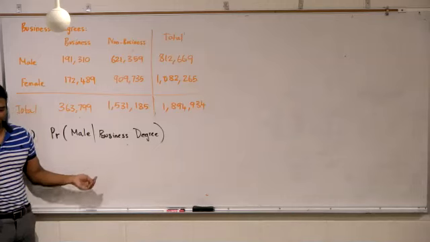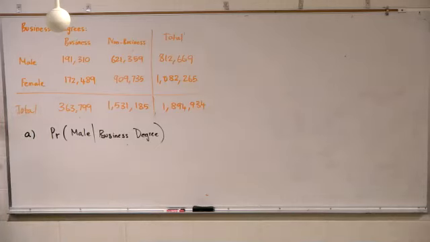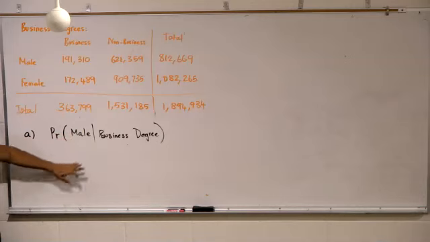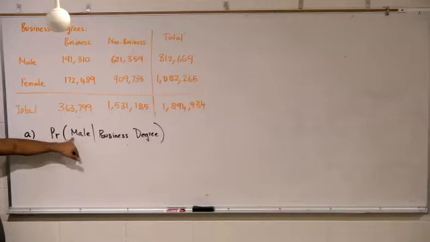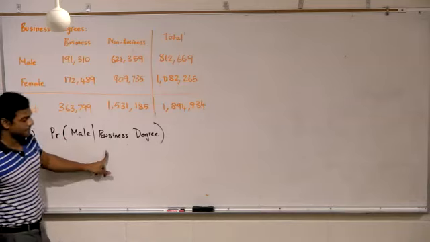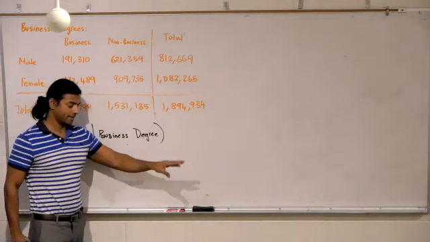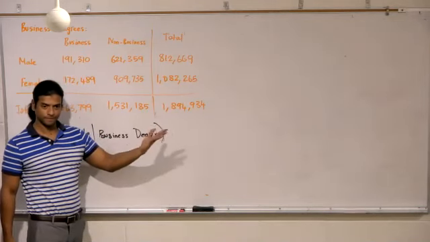That's where the probability comes from. Here we're just going to find the probabilities. We're not going to determine if they are dependent or independent yet. So we want to find the probability that a person is male, given that the person had a business degree. Good.